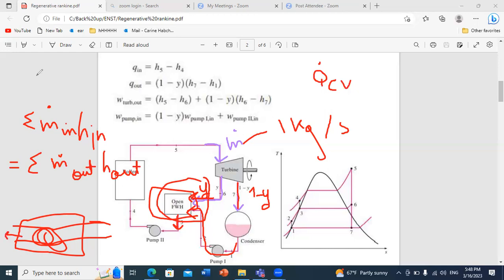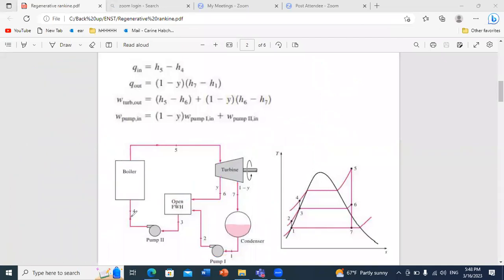Boilers and condensers are also heat exchangers. But whenever you write the equation for your boiler, you just consider as control volume the fluid circulating. If you want to treat the boiler as a heat exchanger, you have the fluid entering and exiting, and you have another stream.